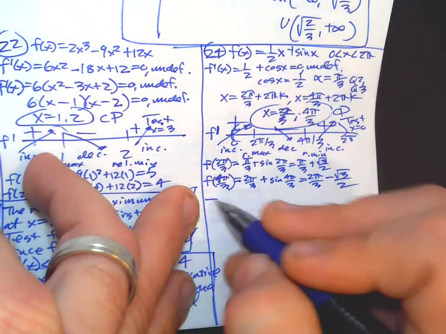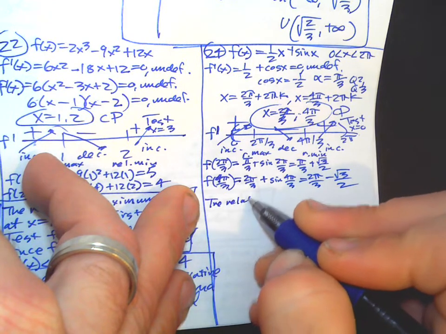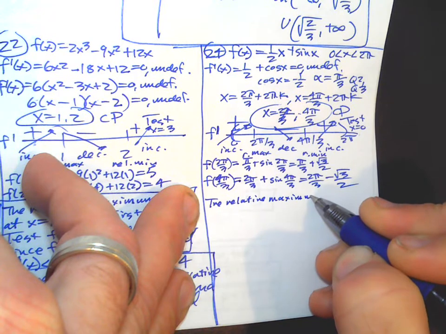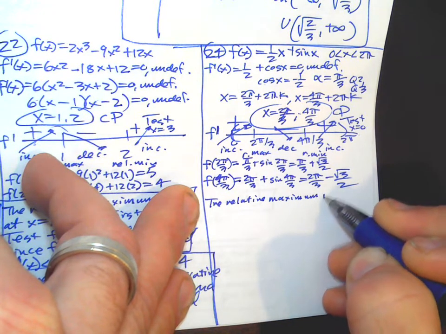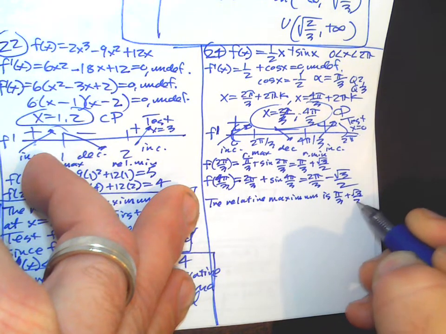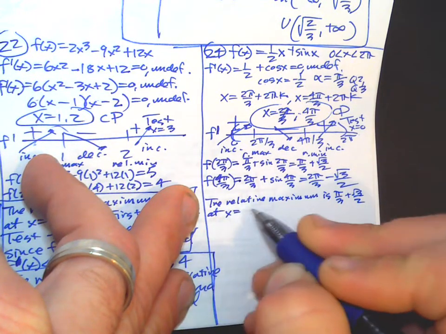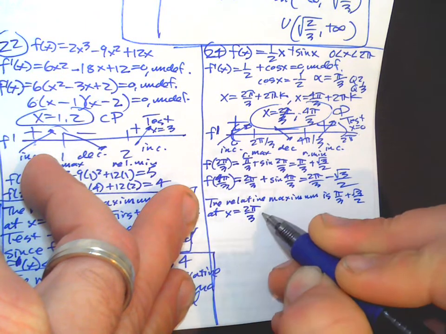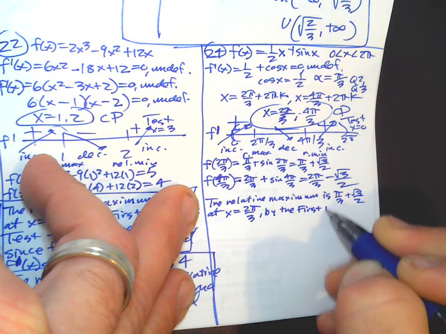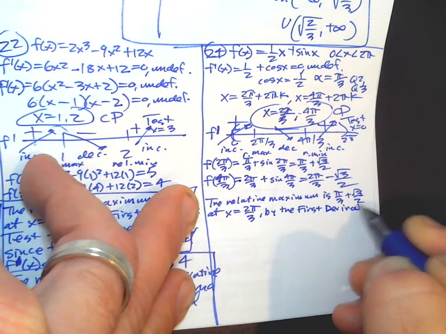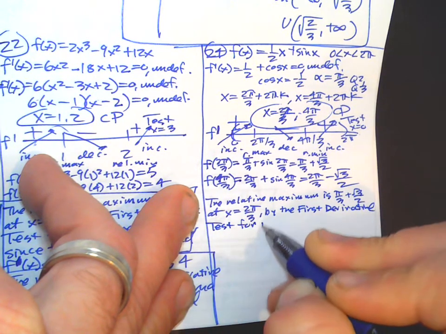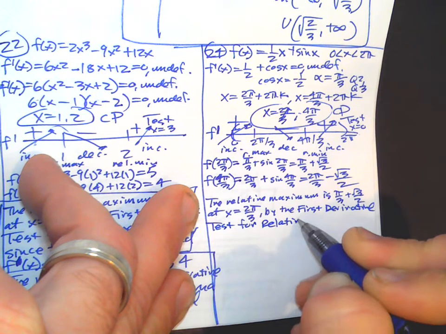So the relative maximum is pi over 3 plus root 3 over 2 at x equals 2 pi over 3 by the first derivative test for relative extrema.